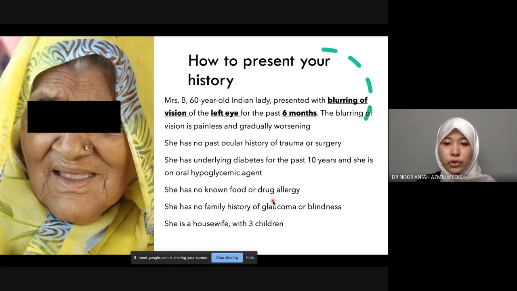She has no known food or drug allergies. She has no family history of glaucoma or blindness, and she is a housewife with 3 children. Especially in the Malaysian setting, I also want to know whether the patient is a government officer or a pension card holder, because it helps us in our management. Finance is very important in clerking as well.